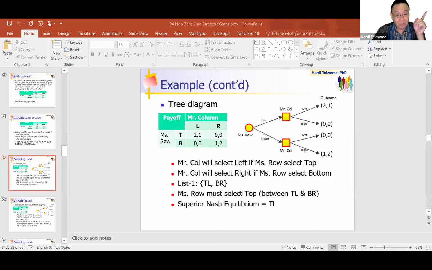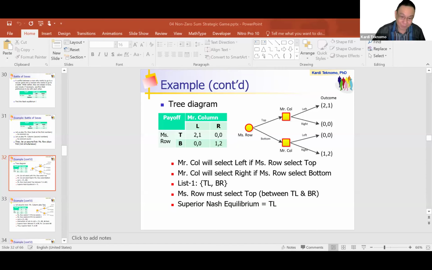Now look at TL and BR. Suppose Miss Row must choose between these two. Of course, between 2 and 1, Miss Row will choose this one. So that means TL is superior.